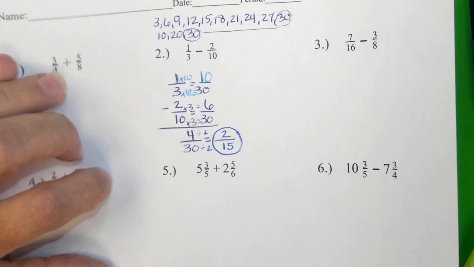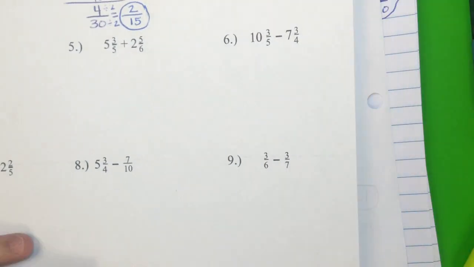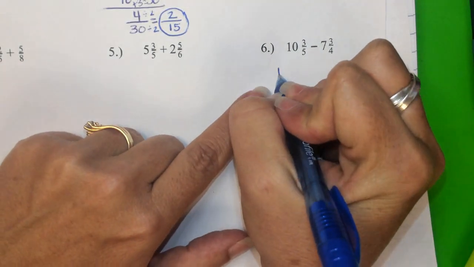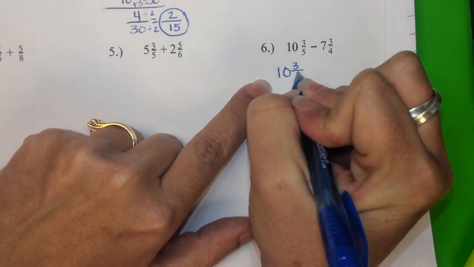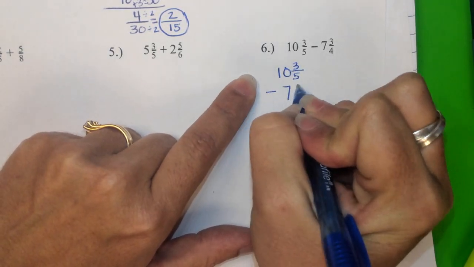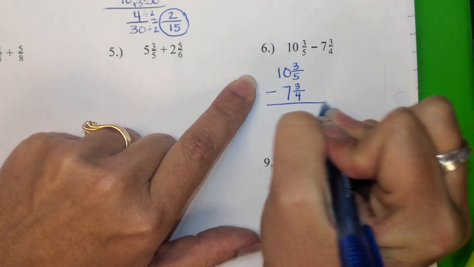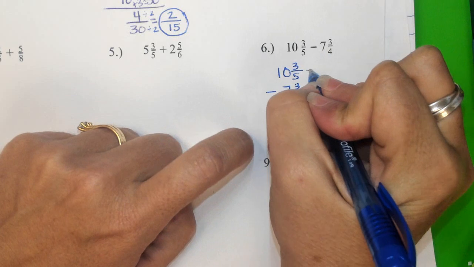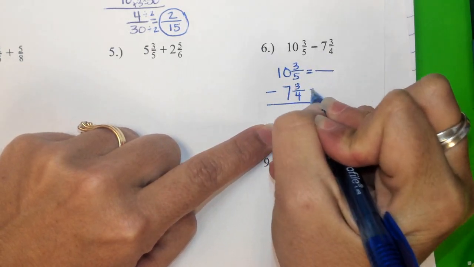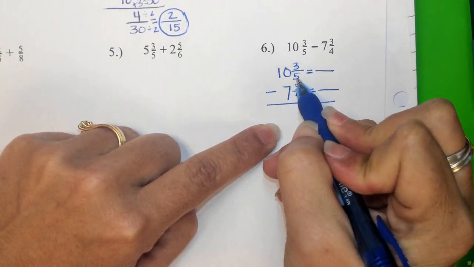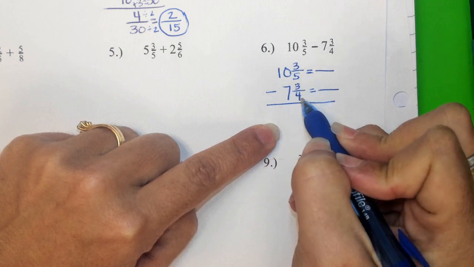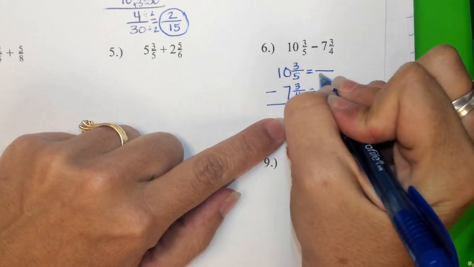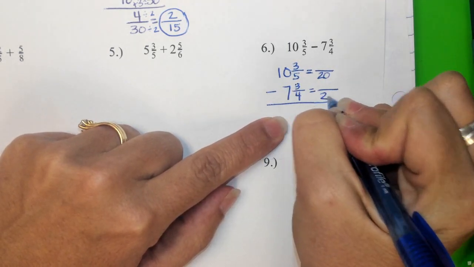I'm going to go down and do number 6, just to kind of show the kids a borrowing one. Starting out, I'm going to put this on top of each other, 10 3/5 minus 7 3/4. Okay. I need to find a common denominator. If I skip count by 5s, 5, 10, 15, 20, and I skip count by 4s, 4, 8, 12, 16, 20, I hit 20 on each side.